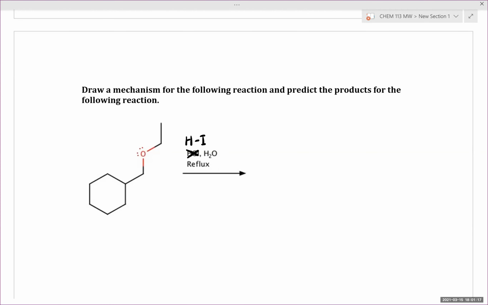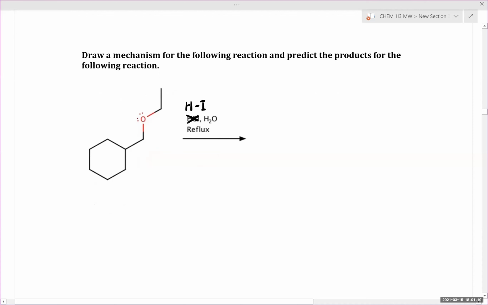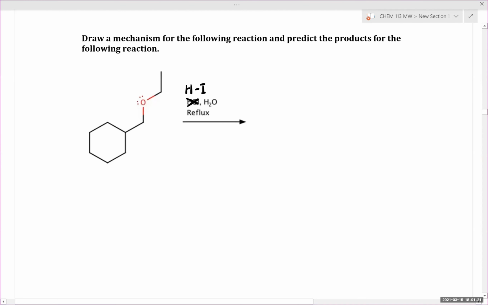So let's take a few minutes and try to draw the mechanism for this reaction. And don't be shy to share your responses as a photo of your mechanism in the chat. You can also directly annotate and draw your mechanism on the class whiteboard, and you can certainly ask questions in the chat or verbally.